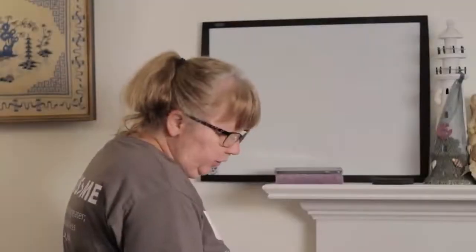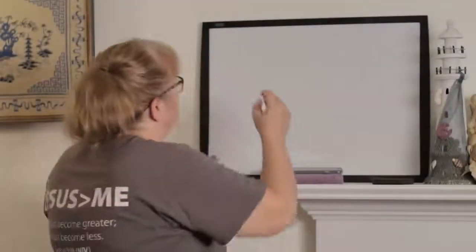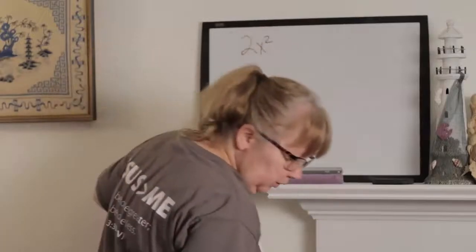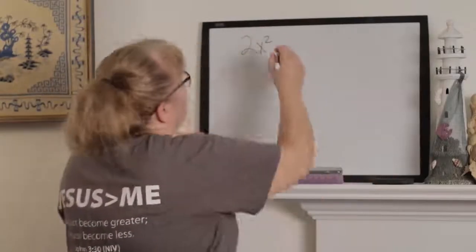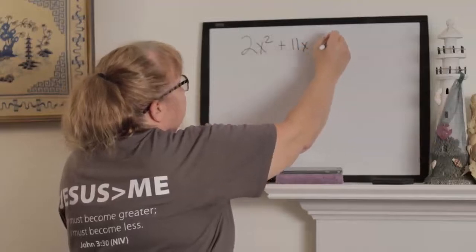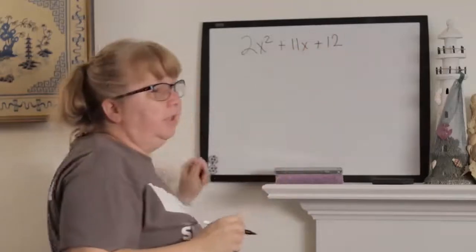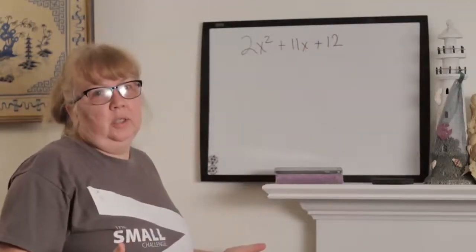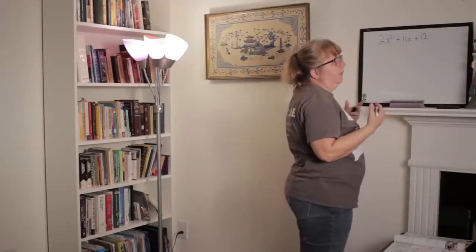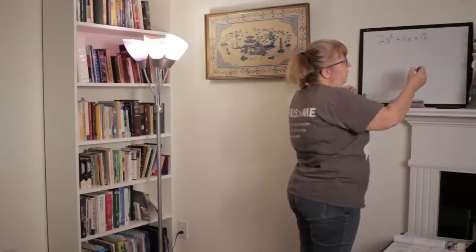In our accelerated geometry book, we have an example of 2x squared plus 11x plus 12. Now the first thing they tell you to do is to guess and check. So they want you to just come up with some factors and guess which ones are going to work.